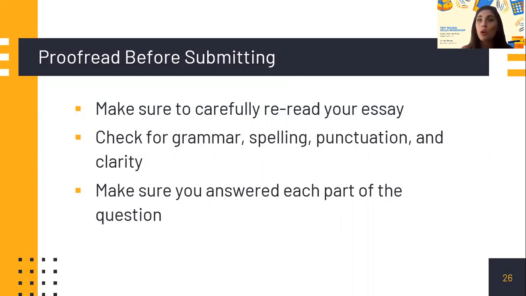You also want to return back to the question itself. Remember, in the beginning, you underlined the action words, the verbs of what you had to answer in this essay. Ask yourself, have you answered each part of the question? If the answer is yes, and you've also gone through and checked for grammar, spelling, punctuation, and clarity, then you're good to go.